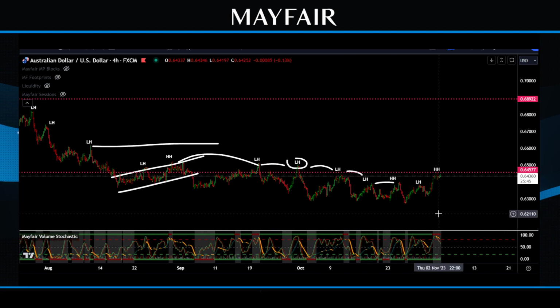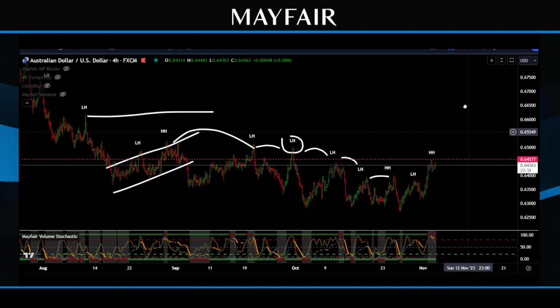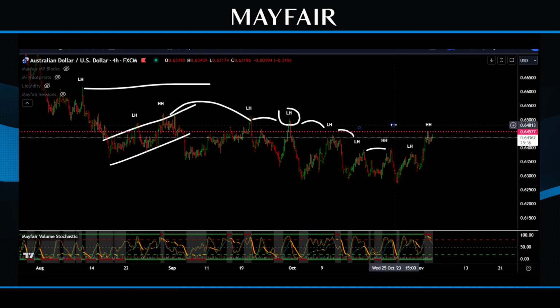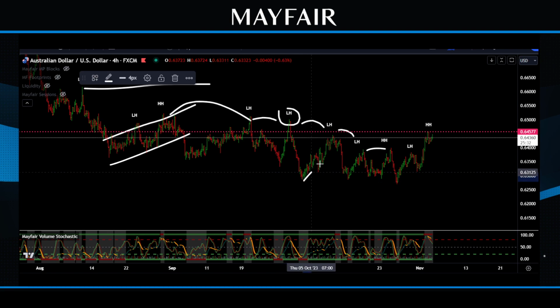So there's nothing telling me right now, hey, we've had a PS move. Or there's nothing telling me, oh, this looks very much like an AR. Because the reality is, if you're going to mark this as an AR, well, why wasn't this an AR? That looks a lot more like an AR move to me.